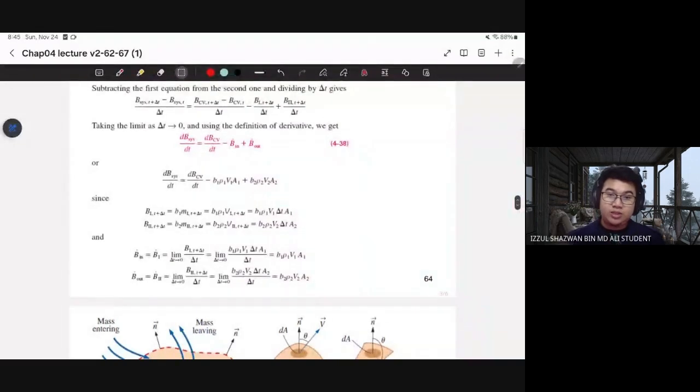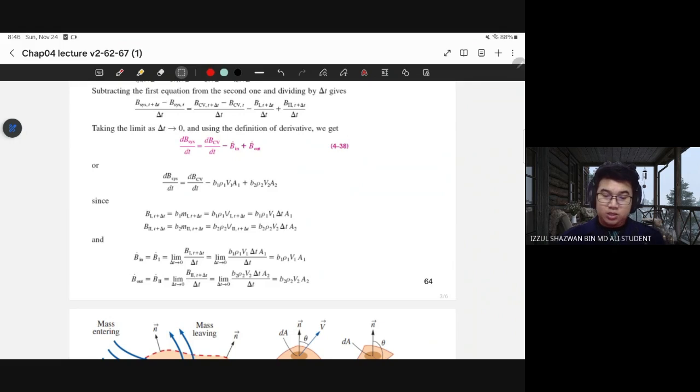Next, we take the limit of delta t to 0 using the definition of the derivative, and we get the equation that we want, which is dB system over dt equal to dB control volume over dt minus B in plus B out. Additionally, B in and B out can also be expressed using rho V A, so this can become this equation.